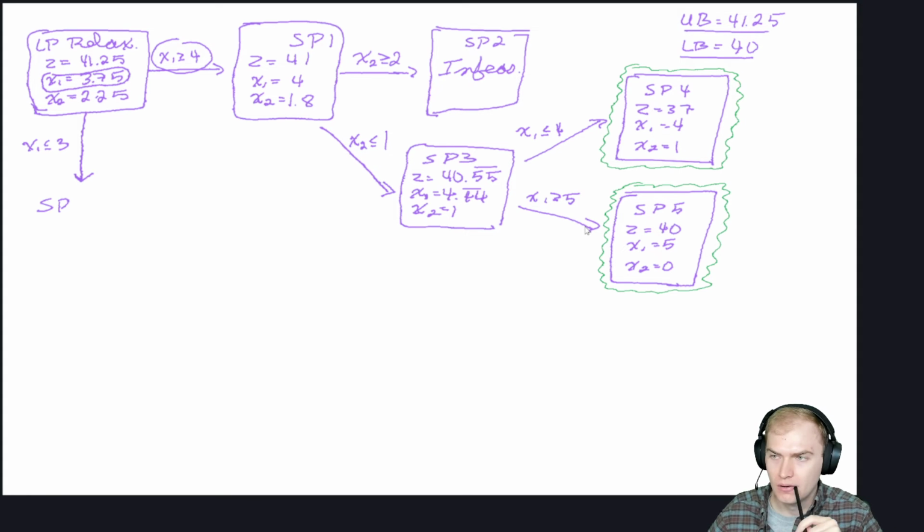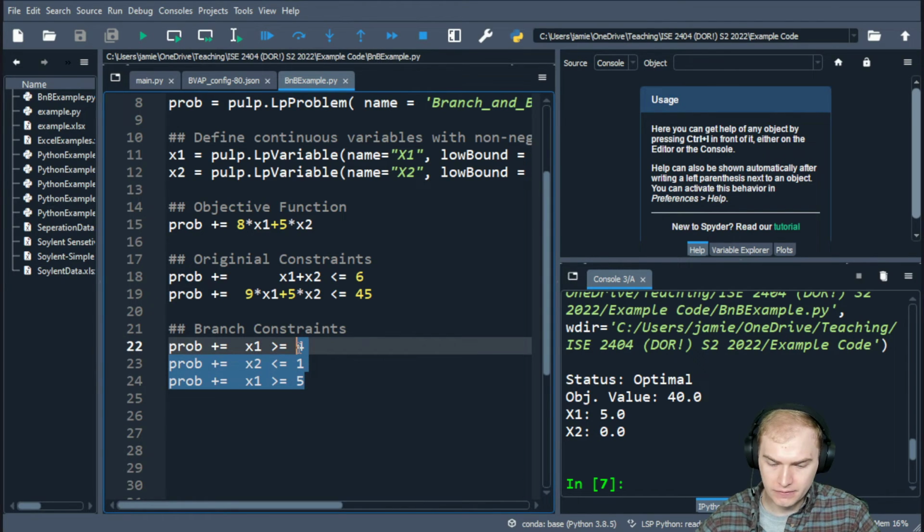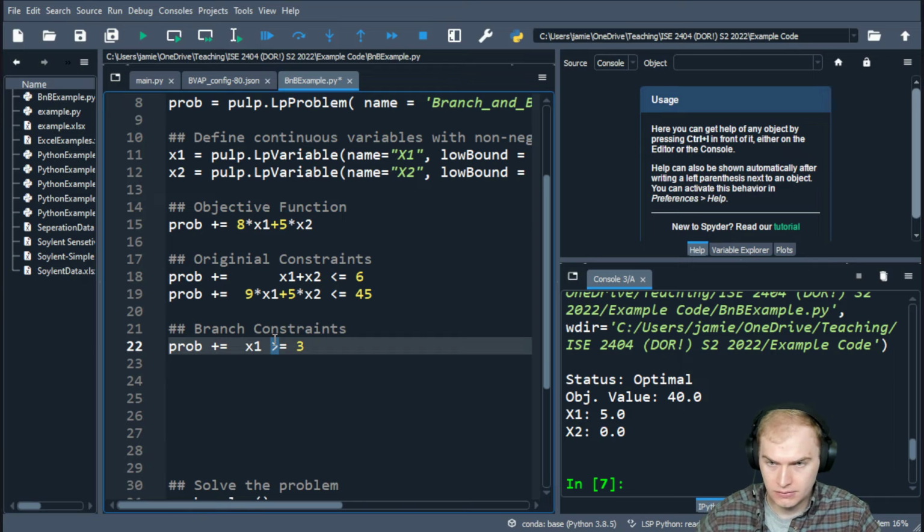So we have to look back at the x1 less than or equal to 3 side. So we're going to come back to Python, get rid of all of these, and we'll be left with x1 less than or equal to 3. Solve it.